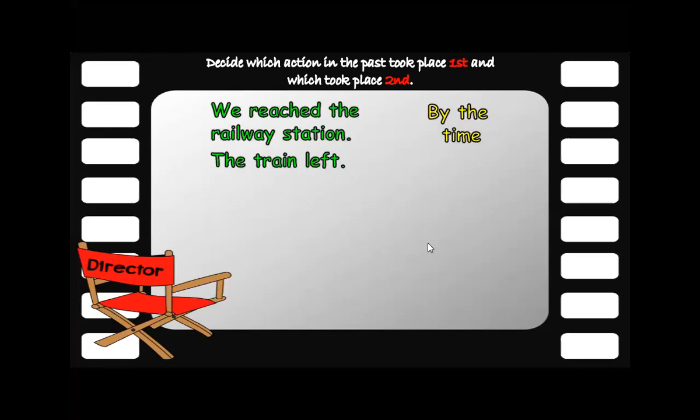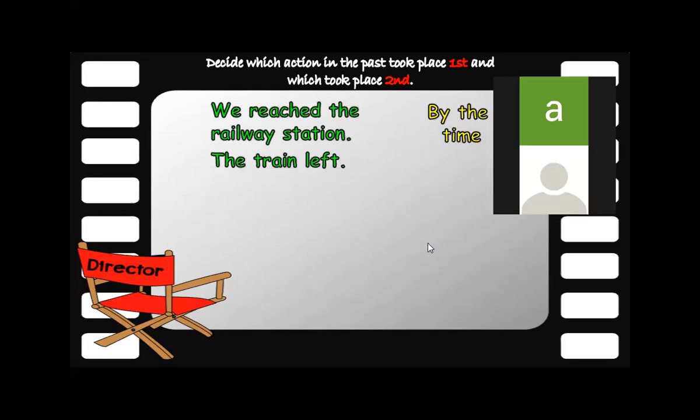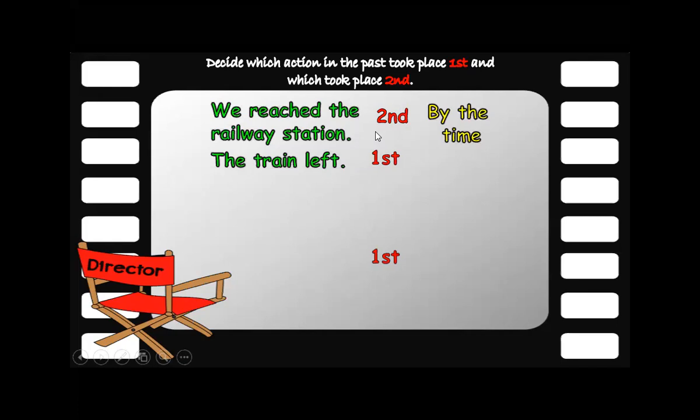I want Judy to answer. Okay. The train left. Yes. It's the first action. Thank you. And we reached the railway station, the second one. So how to make this sentence? Use by the time. By the time, like before.